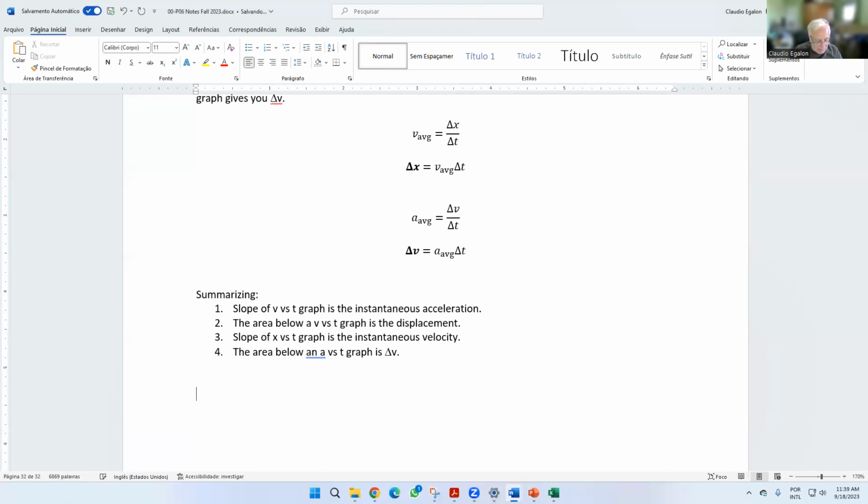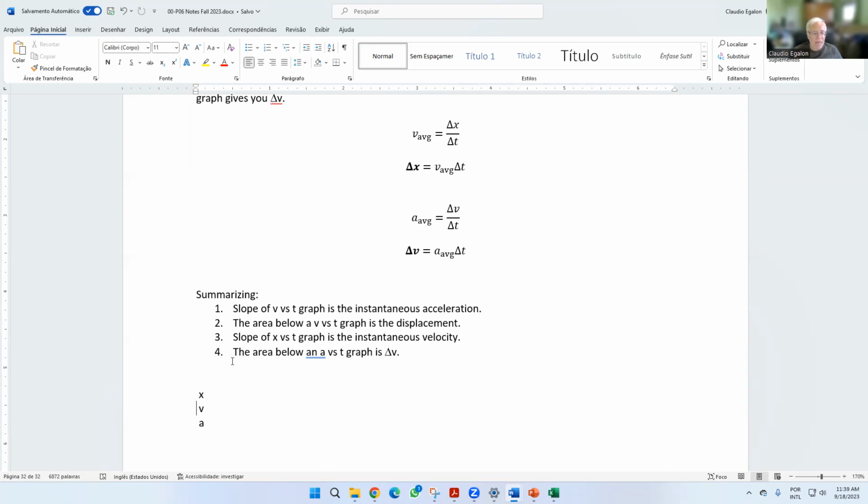So this goes like that: X, V, and A. In a graph of X versus T, the slope is the velocity. So the slope goes up. You're going up from X to A. That's the progression.